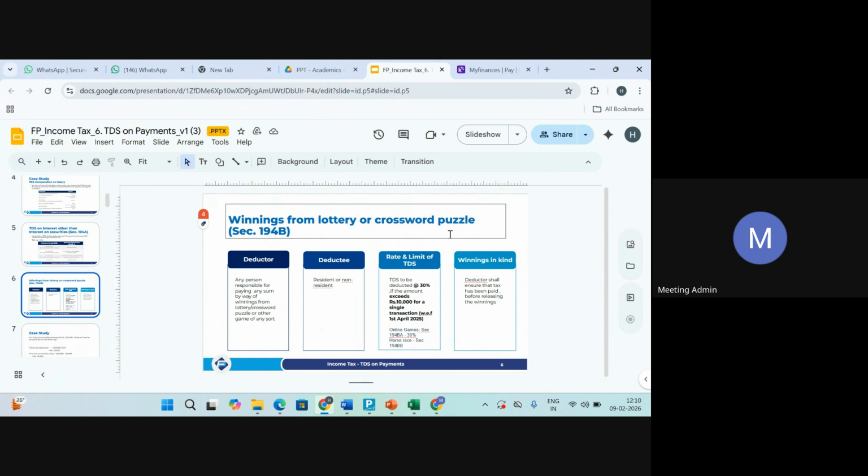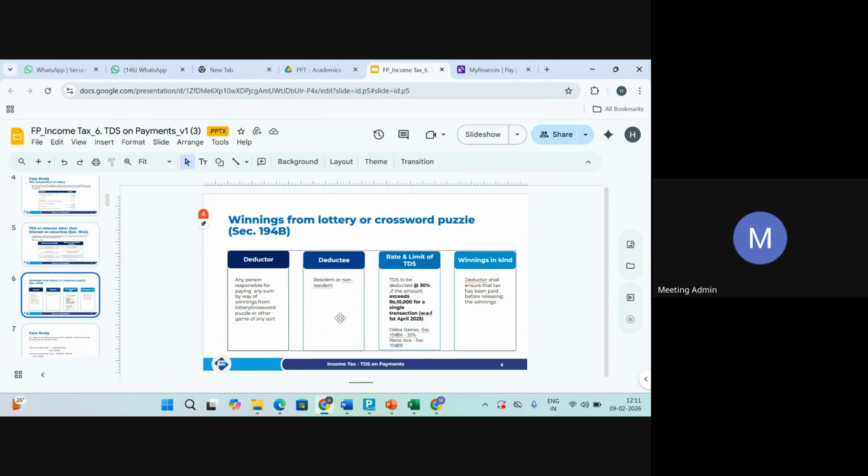According to that, 30% I will deduct, and the rest of the amount I will give to you. Is that clear? Yes, ma'am. The person who is deducting is known as the deductor. Deductee means the one who receives. Akshay will be the deductee and I will be the deductor.